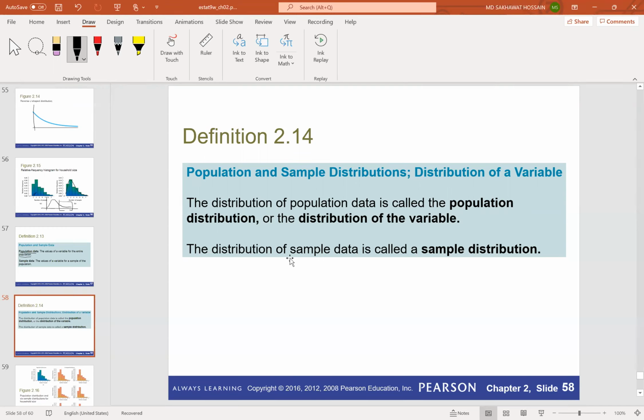So our variable is height of US adults, right? Then that distribution will be called the distribution of the height of all US adults.